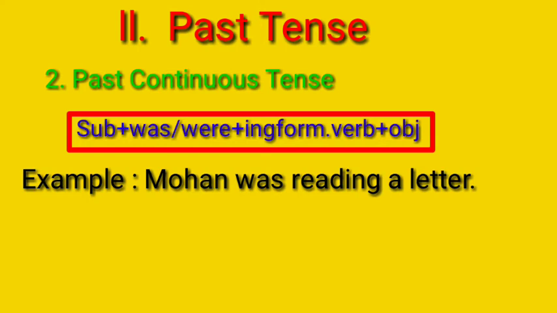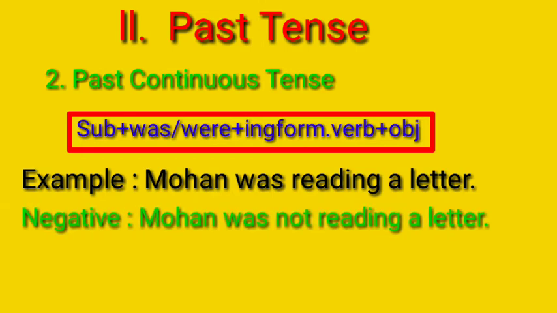Then Mohan, was is the auxiliary verb here, then was not. For converting one positive sentence into negative, we must use not with the auxiliary verb. Then reading a letter. This is the negative sentence of Mohan was reading a letter.